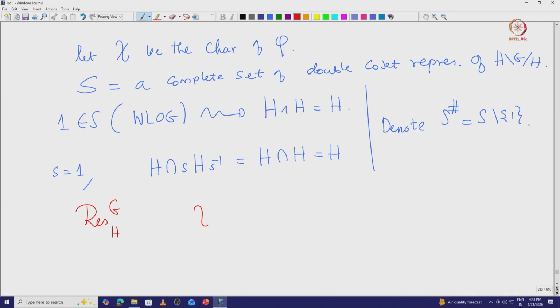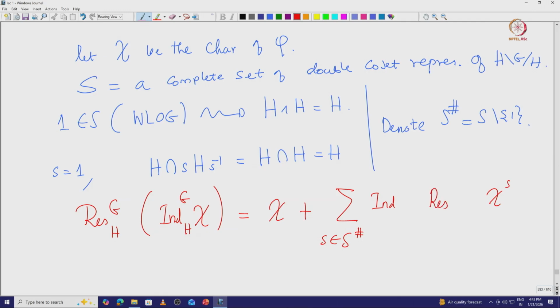where you take chi, you induct from H to G and then restrict G to H. So, this is going to be given by chi plus summation S in S hashtag, and you take again like this chi S, apply the restriction and then induction.